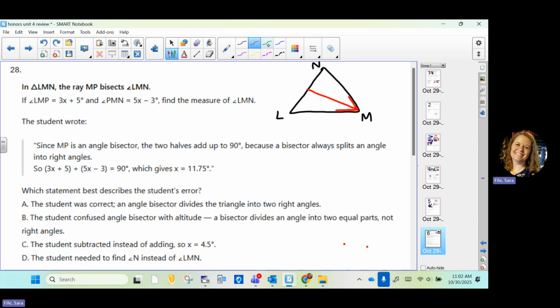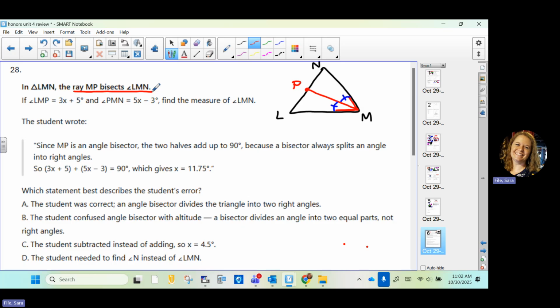Okay. So I'm going to put congruent markings that show this angle is now congruent to this angle. Okay, so it says it's called MP. So this point is P. So ray MP bisects LMN. So y'all agree with how I've drawn it?